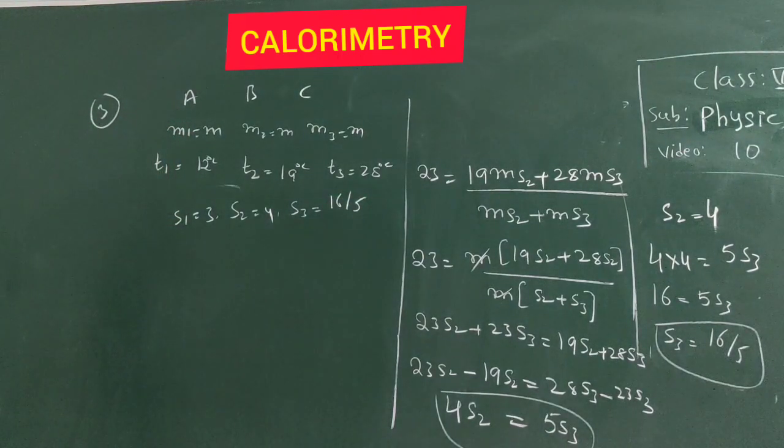Now A and C are mixed together, then find the resultant temperature.